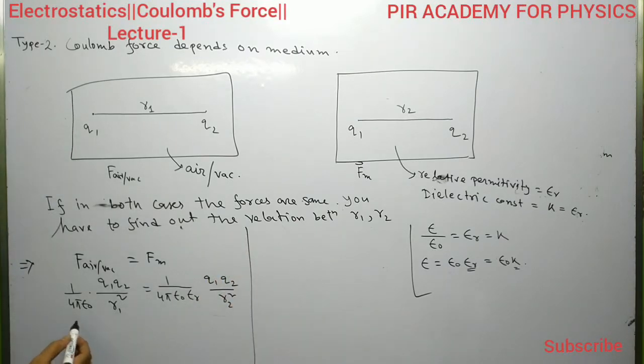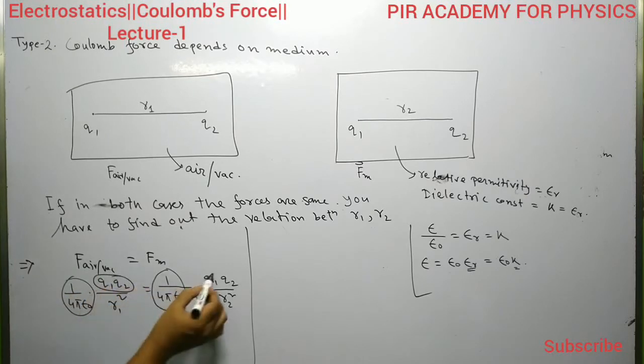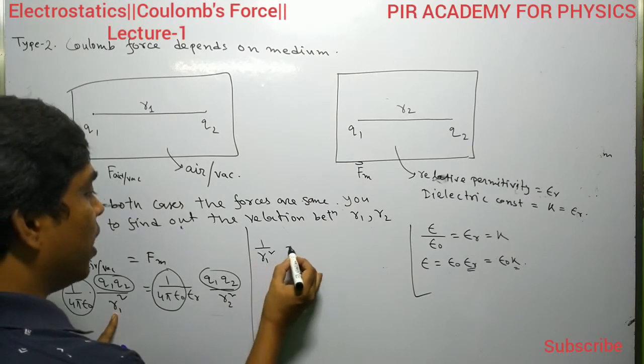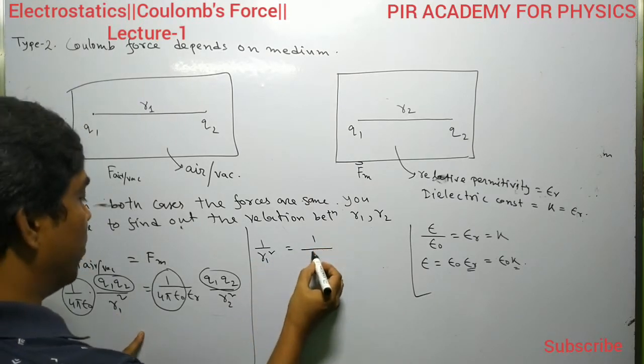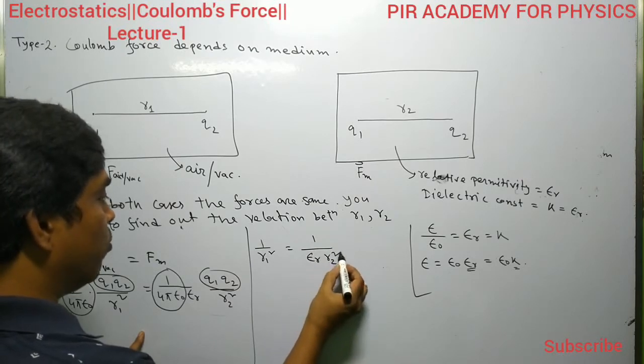Here the common terms cancel out, so you get 1 by r1 square equals 1 by epsilon r into r2 square.